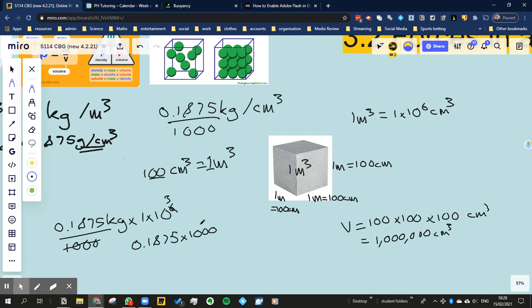Clearly, if there's going to be so many kilograms in a centimeter cubed, there's going to be a million times as much in 1,000,000 centimeters cubed. 1,000,000 centimeters cubed is a meter cubed, so that's how we would find that. So it's 0.1875 times 1,000. I would shift those numbers 3 spaces to the left, and then end up with 187.5 kilograms per meter cubed.